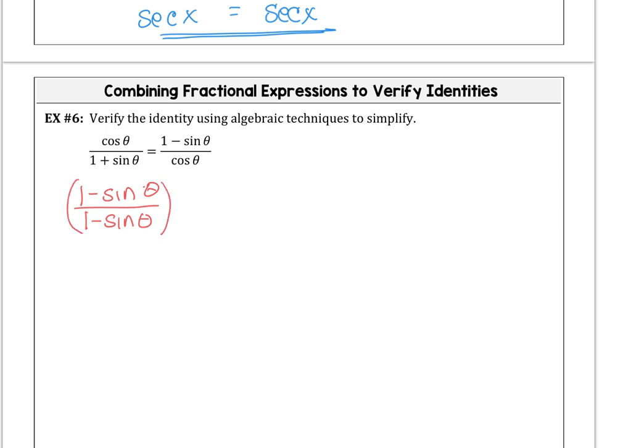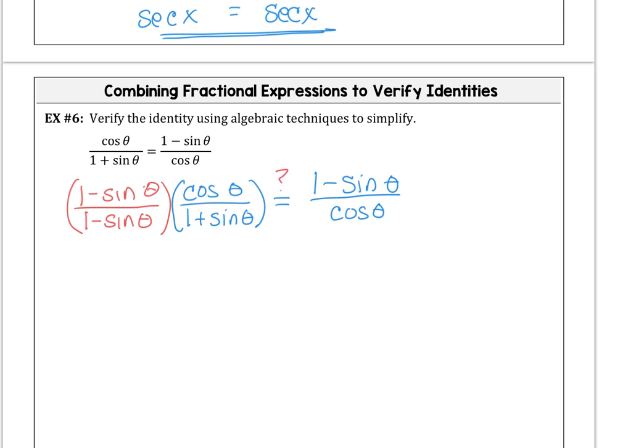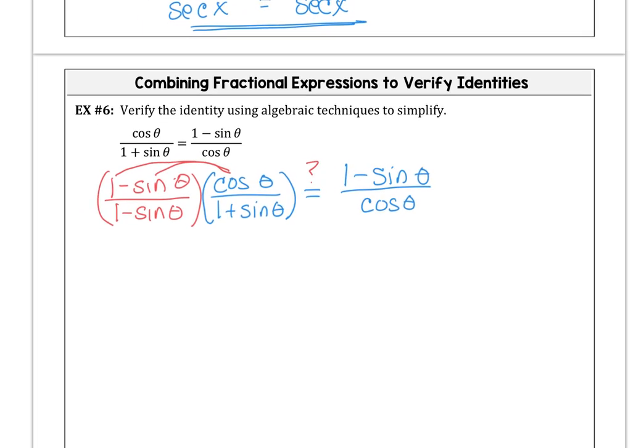So 1 minus sine times the left is cosine over 1 plus sine. And I don't want to touch the right side. I want to prove the left side is equivalent to the right side. That's my task.